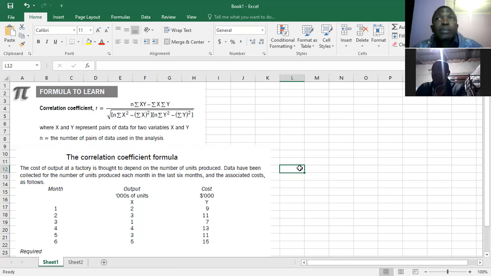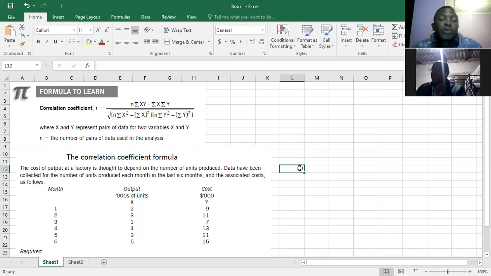But when temperatures go up, the sale of hot drinks goes down, so there is a negative correlation. Sometimes there can be no correlation, like the rise in temperature and the number of people being killed in the civil war in Afghanistan. No correlation.